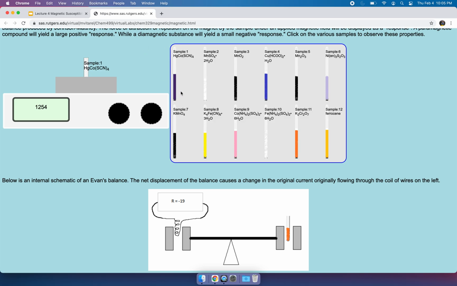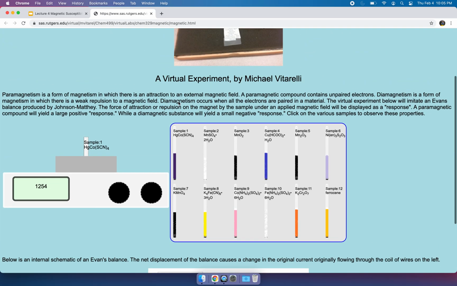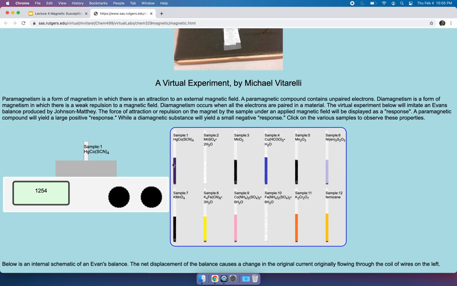Again, the virtual experiment is fairly easy. You just have these 12 samples. You just click on them one by one and write down the response. I did this in the lab, and I made the web app produce the same responses as you would see in the lab.